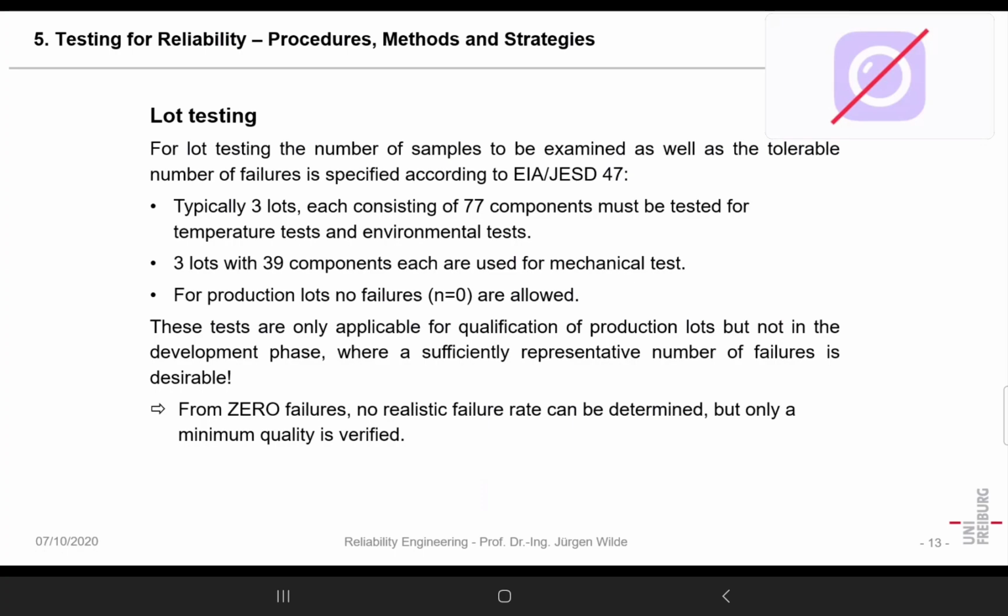So at least you can sleep better. But of course, that's no proof at all for a certain reliability value. And it's only sensible to make that test on the lot testing when you previously had the complete testing of determining failure rates.